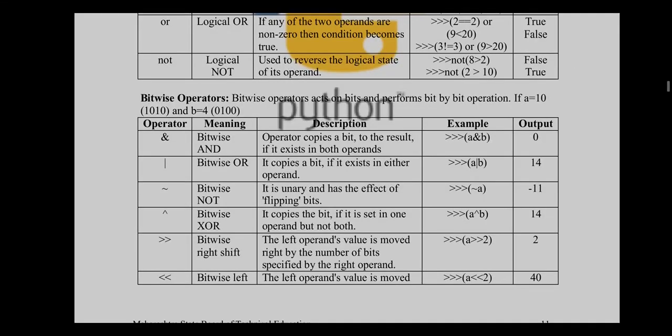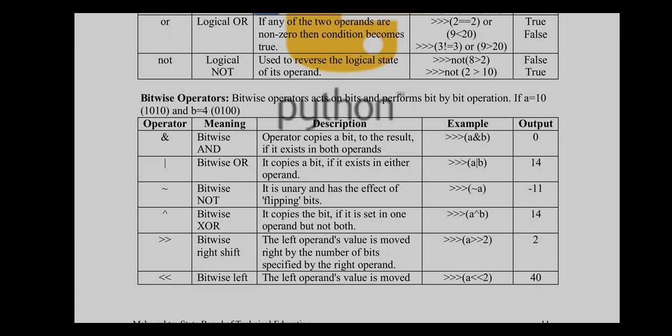Next we'll move forwards to the bitwise operators. So basically bitwise operators are applied on binary inputs. When you are passing any integer input, it is going to be converted into binary numbers, and the operator is going to perform the operation on those binary numbers.